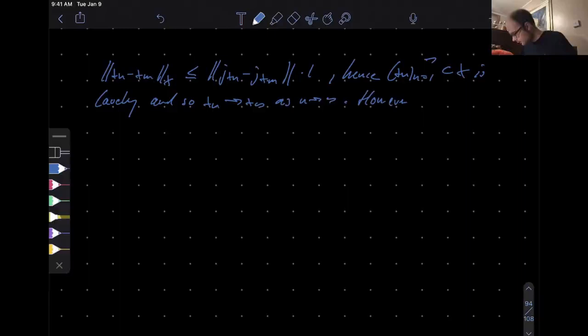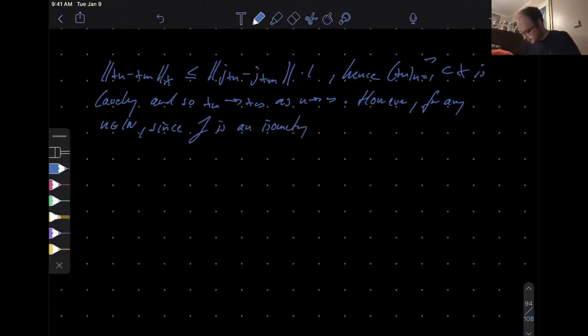However, now we play around a little bit with the triangle inequality and using the fact that the canonical map is an isometry for any n in N, since J is an isometry. Well, I would like to show that J sub x infinity and k are the same, right? Then I would be done. That's what I wrote earlier in yellow when I discussed the strategy.